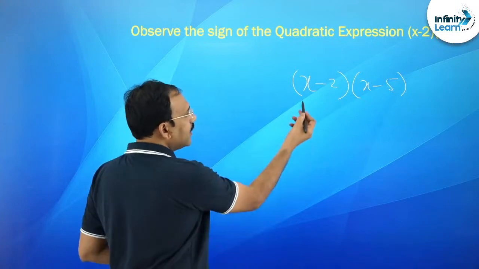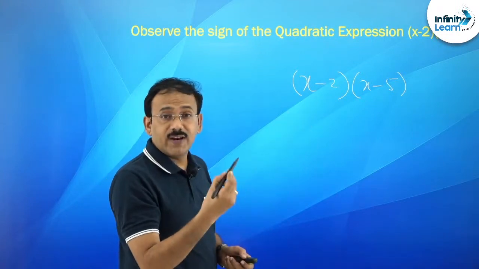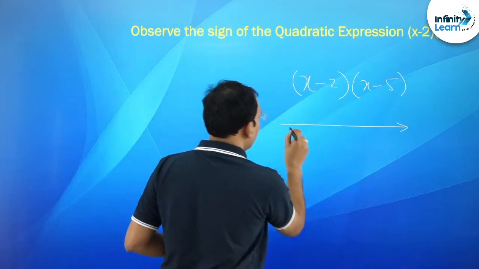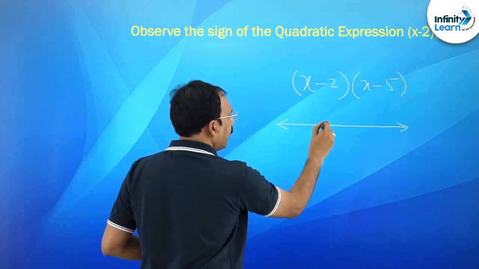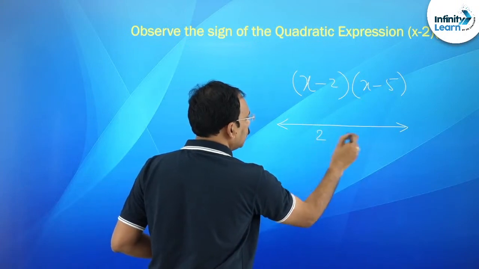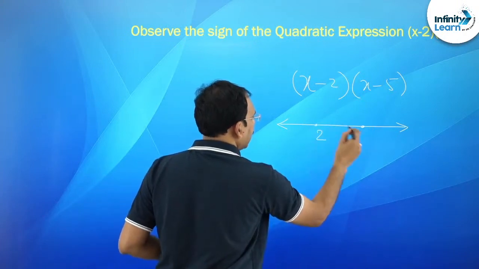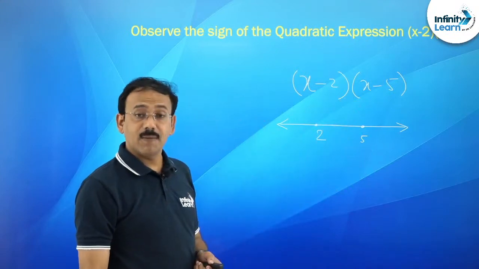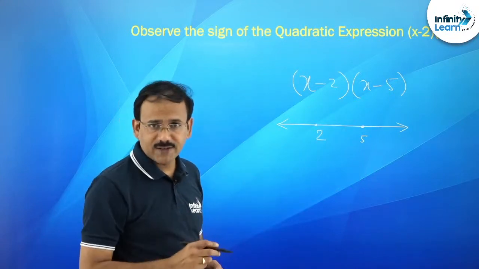Clearly this expression becomes 0 when x is equal to 2 and 5. For your convenience, let me take the number line and plot the numbers 2 as well as 5, because these two linear expressions separately become 0 at 2 and 5.